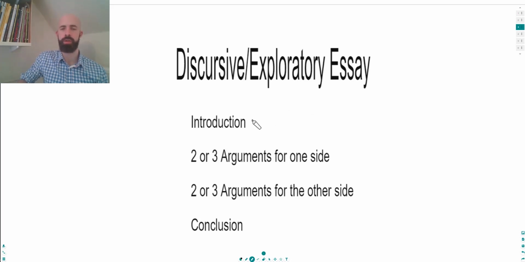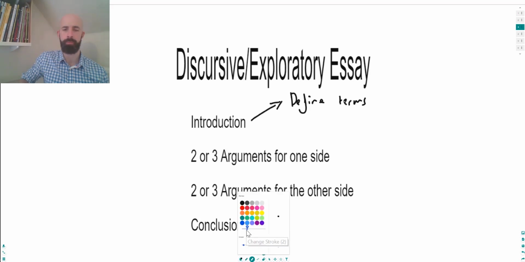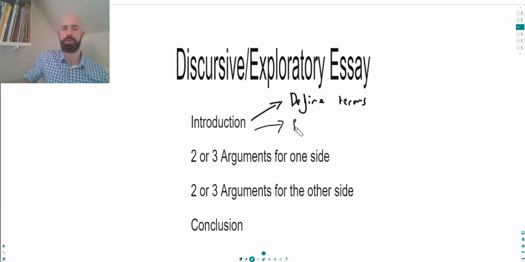In the introduction, you want to do a few different things. You want to define the terms, as I just mentioned on the previous slide. There may be some terminology in the intro that your reader is not entirely sure about, so you'd want to define that terminology. Second of all, you may also want to set a time frame as well.